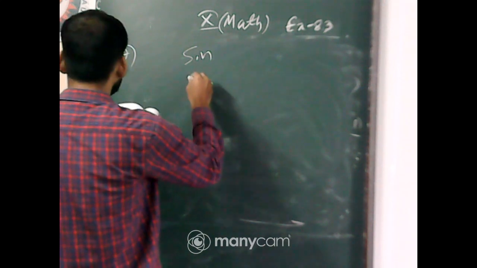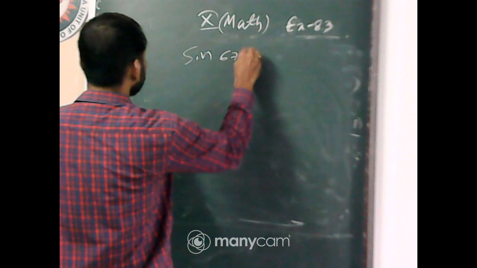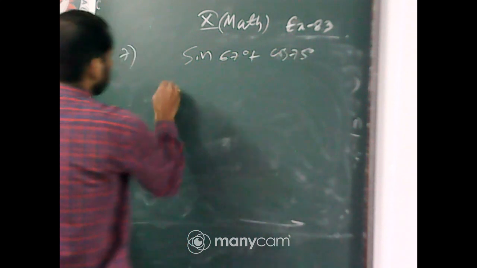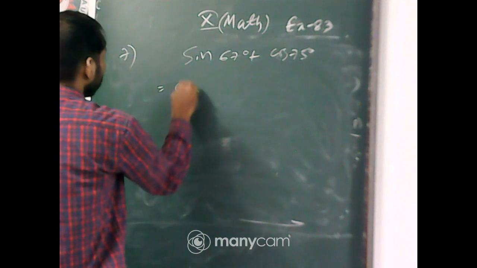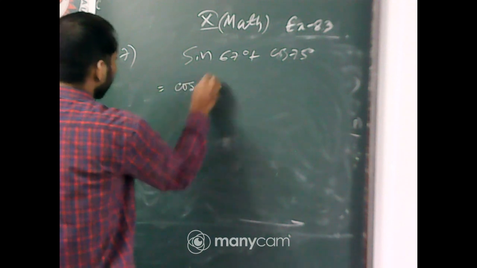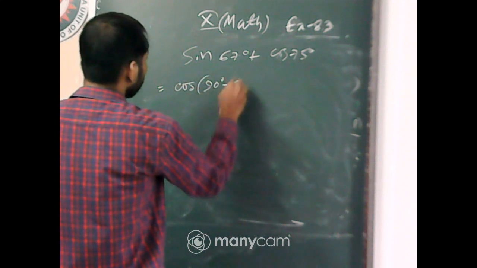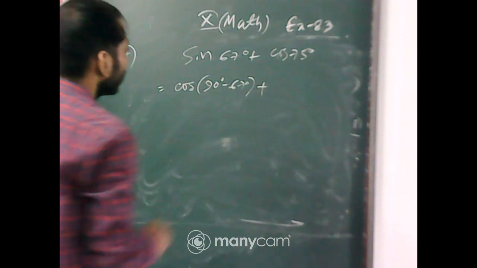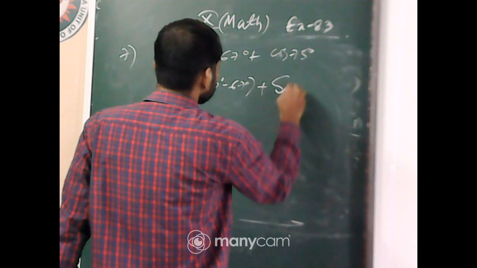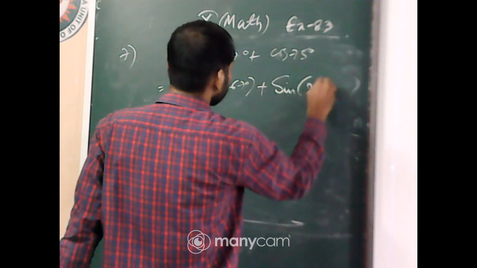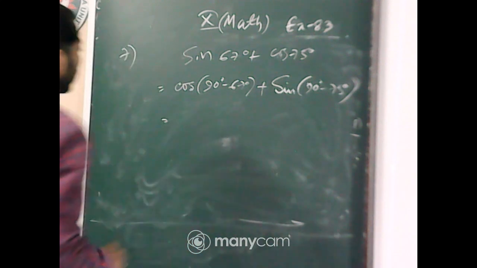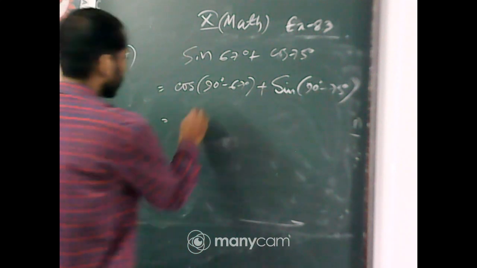The first one is given as sin 67 degree plus cos 75 degree. Now instead of sin 67 degree, you may write here cos (90 minus 67) degree plus, instead of cos 75 degree, you may write here sin (90 minus 75) degree. That means the first one will be cos 23 degree.